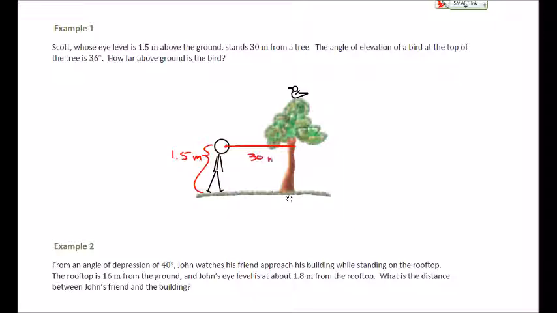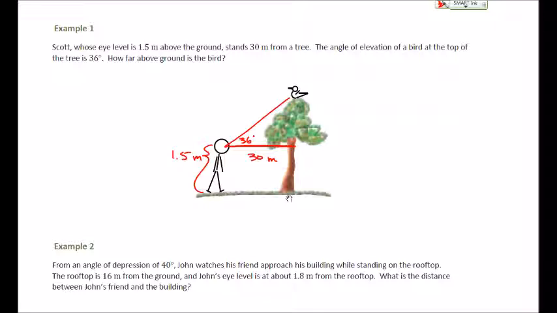Anyway, the tree is 30 meters away, and the angle of elevation, meaning from horizontal looking up at a bird at the top of the tree, going from horizontal up is 36 degrees. How far above the ground is the bird?